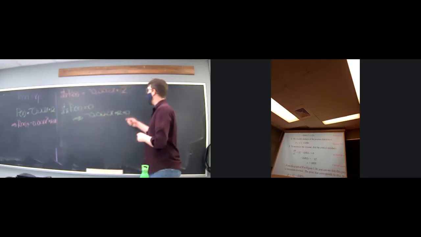So we can move to the other side and say 12 is equal to 0.002x. Divide both sides by 0.002. We get that x is equal to 12 in our numerator over 0.002 in our denominator, or 6,000. So we're maximizing revenue.